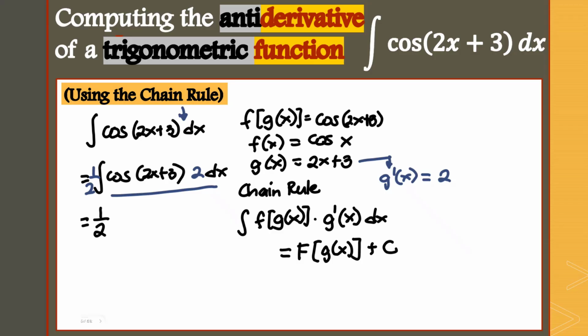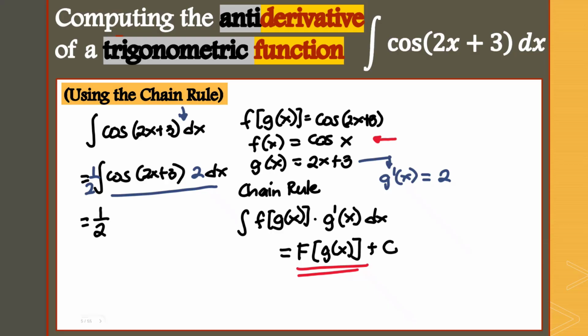Now, what do we use for our process here? Because we have now guaranteed this process using the chain rule, the next step is what process or rule will be used for the antiderivative of the outer function with respect to your component, which is g of x. The answer is of course dependent on f of x, its cosine. So you need to understand the rule for antidifferentiating cosine.